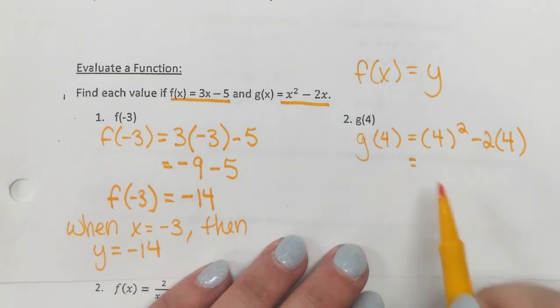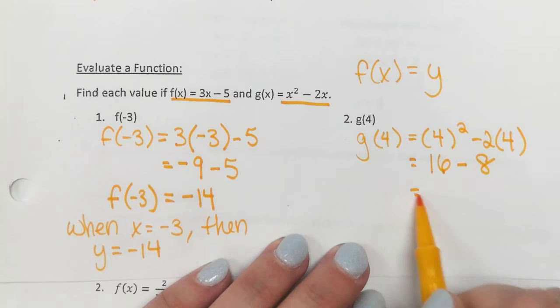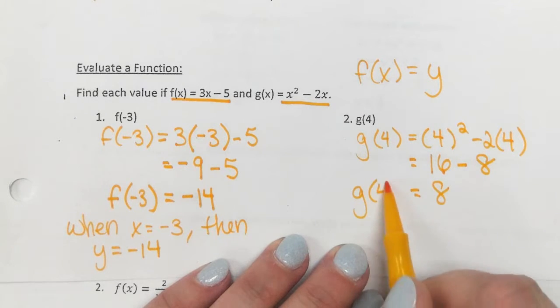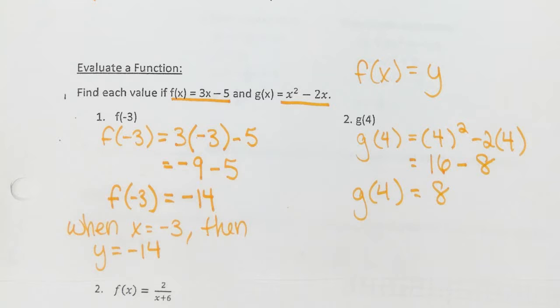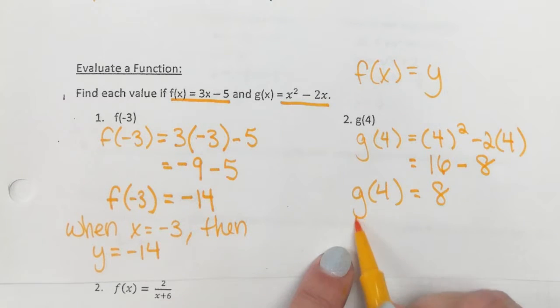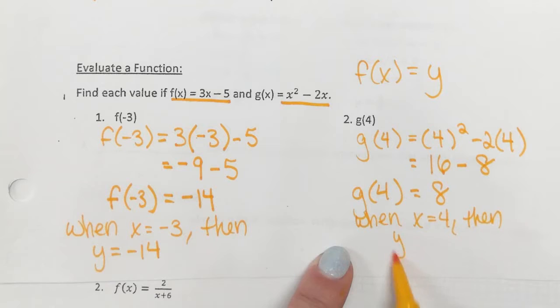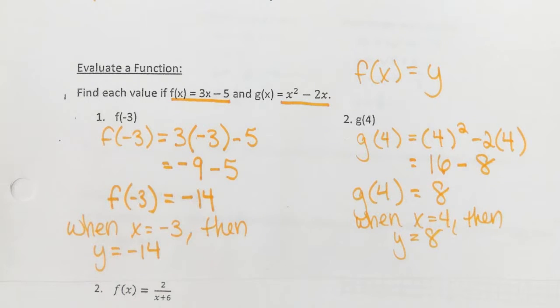So what's that give me? 16. Very good. Am I going to divide by 4? No. What does this mean? This means when x equals 4, y equals 8. Very good.